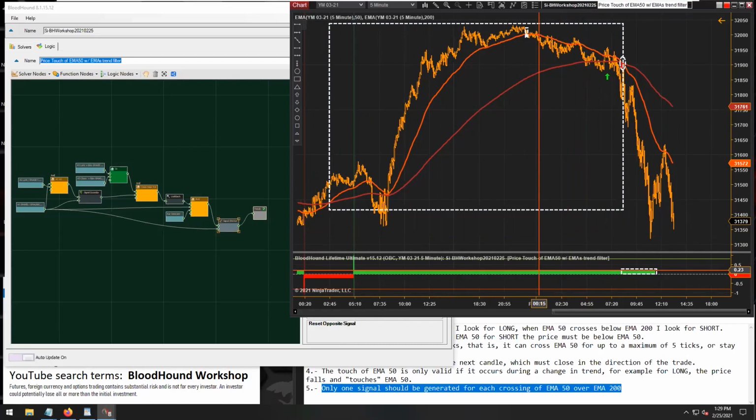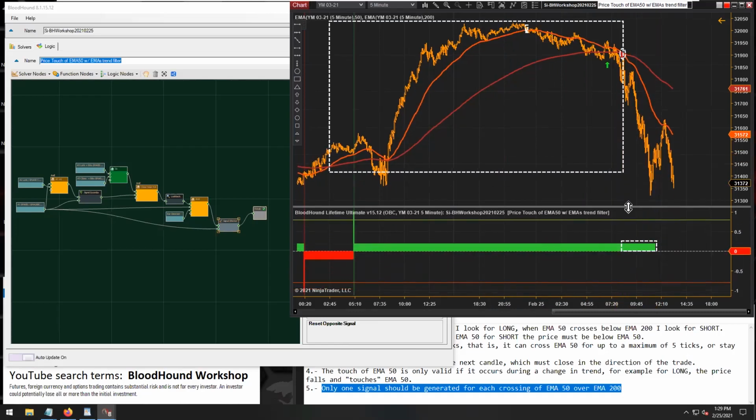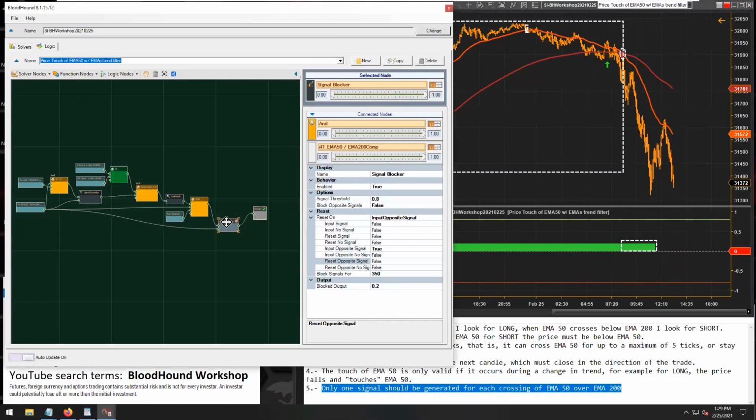So remember this little partial output here, this 0.2 output, right? That's telling us that the signal blocker is blocking. It's actively blocking any long signals, right? So watch this area in this triangle, right?